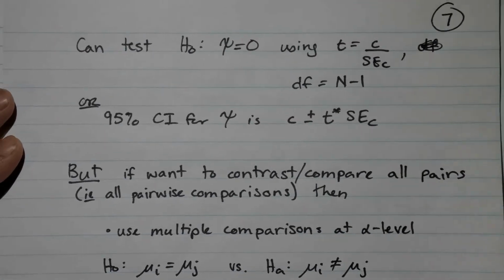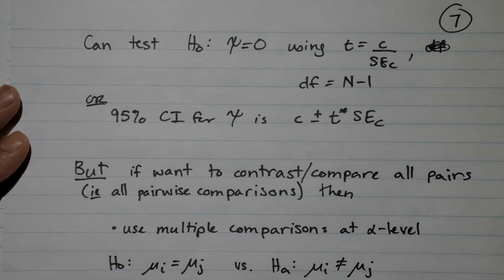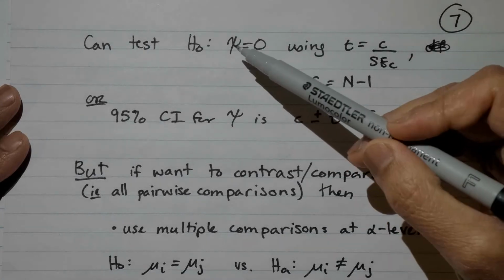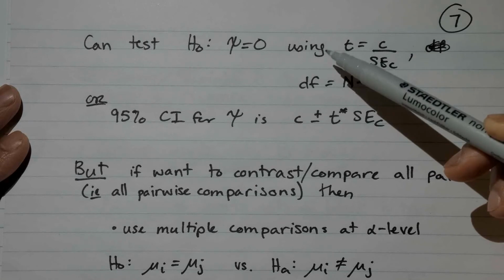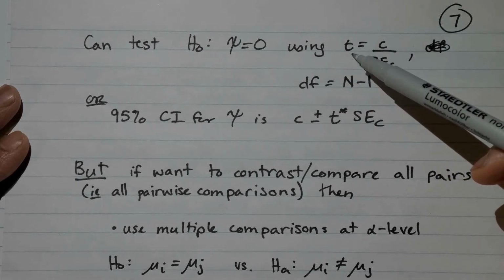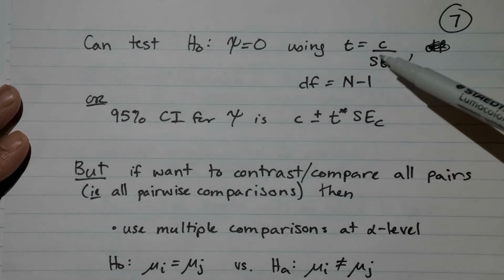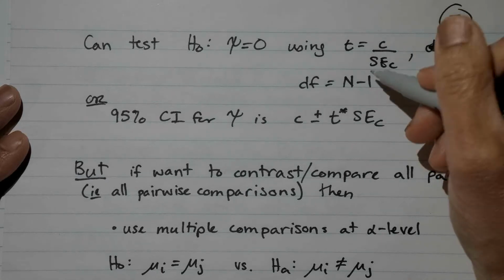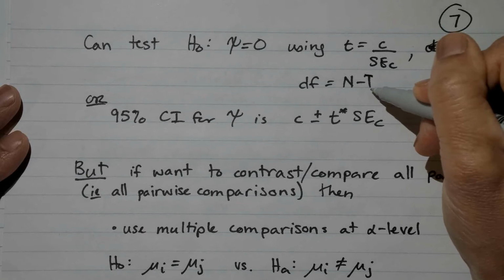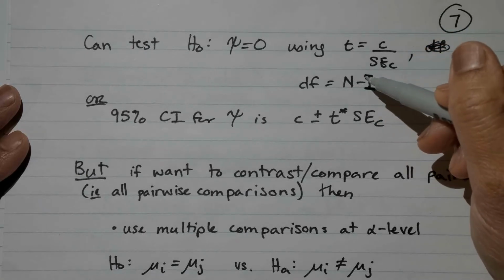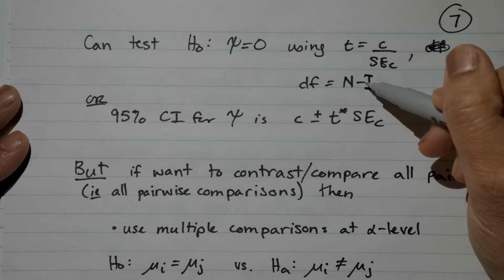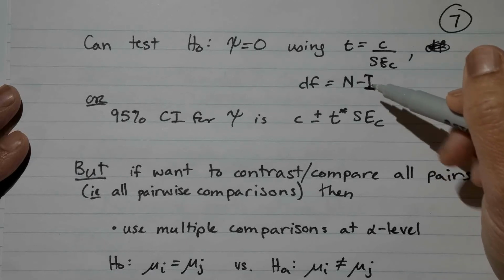We can perform hypothesis tests on the contrast, with the null hypothesis being that the contrast is equal to 0. That would be using a test statistic T, which equals C over the standard error of C, and our degrees of freedom would be capital N minus I, because the degrees of freedom is inherited from the mean square error, which is based on N minus I degrees of freedom.